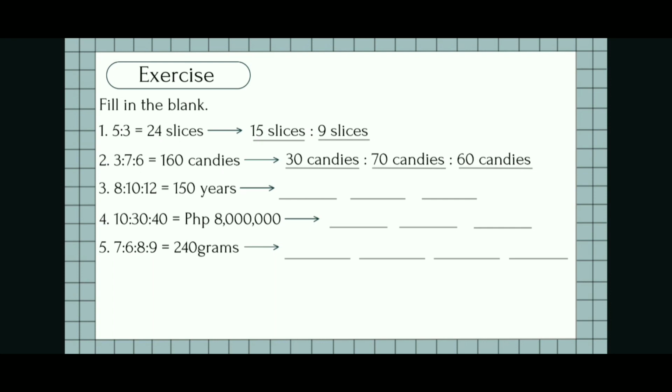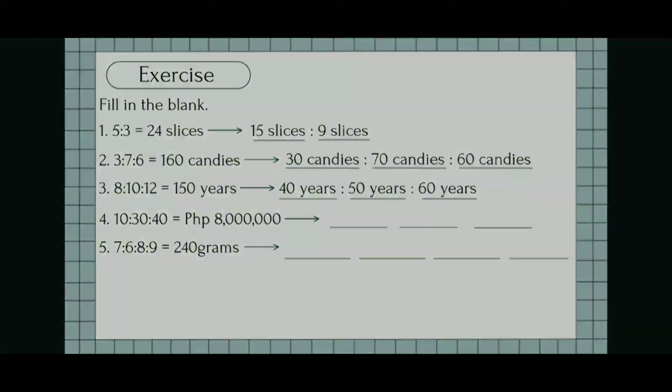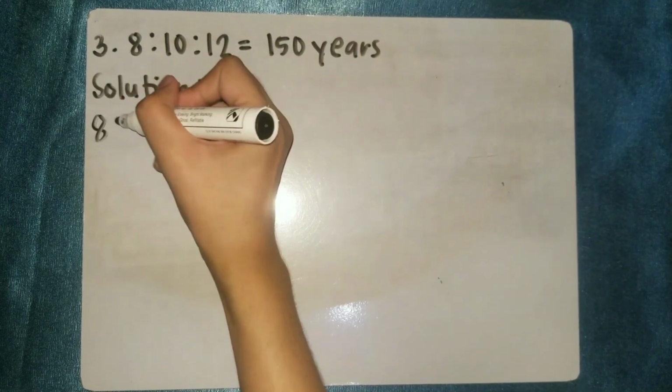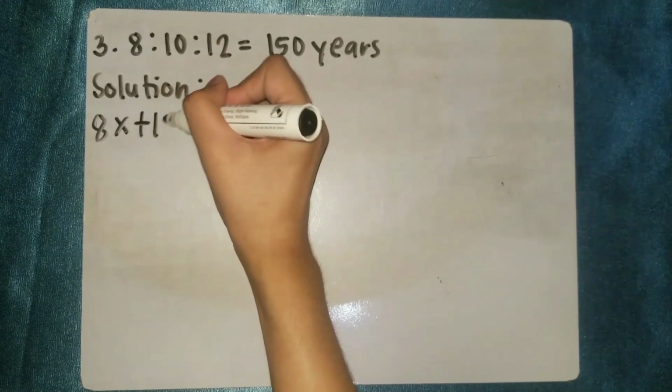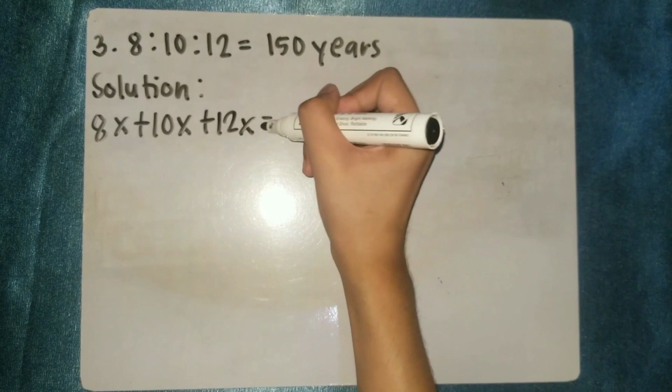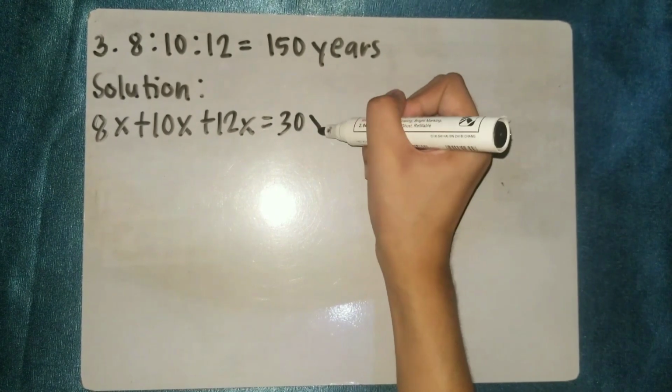Number 3. 8 is to 10 is to 12 equal 150 years. The answer is 40 years is to 50 years is to 60 years. Solution. Let's make this 8x plus 10x plus 12x equal 30x.